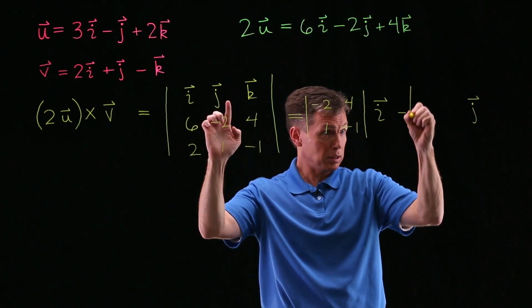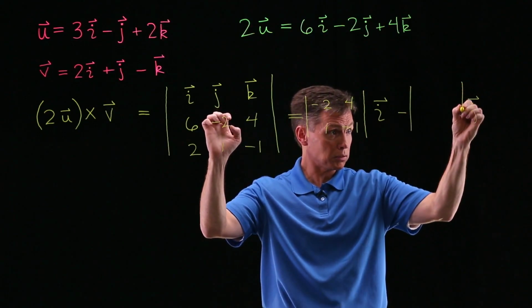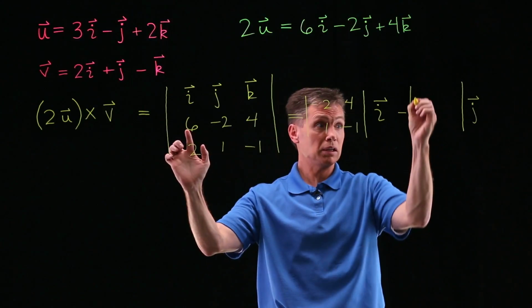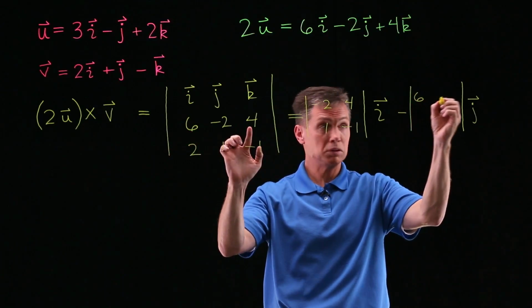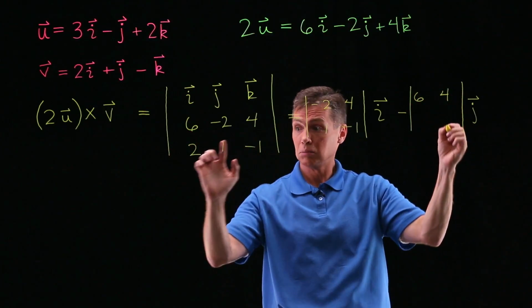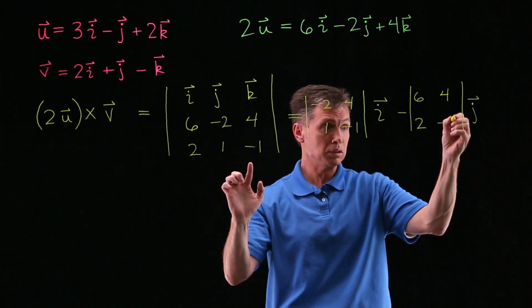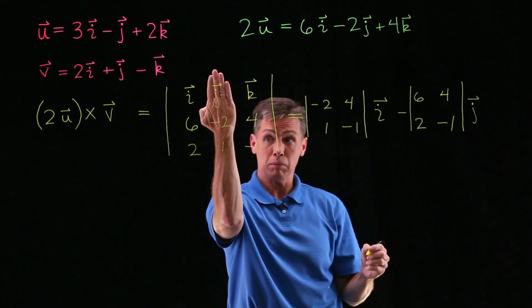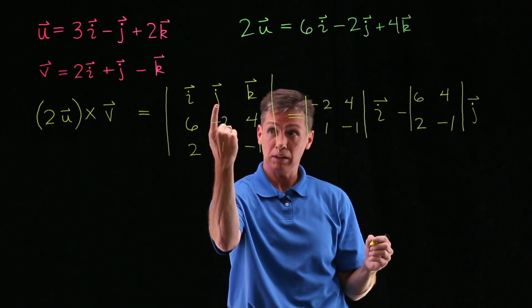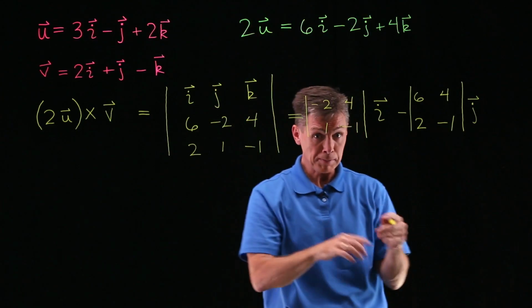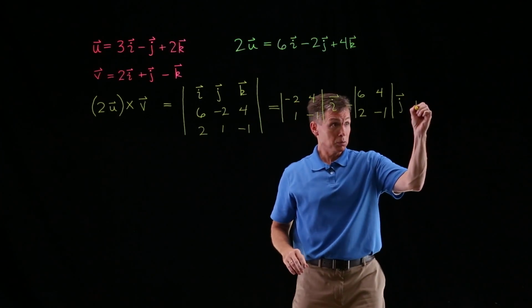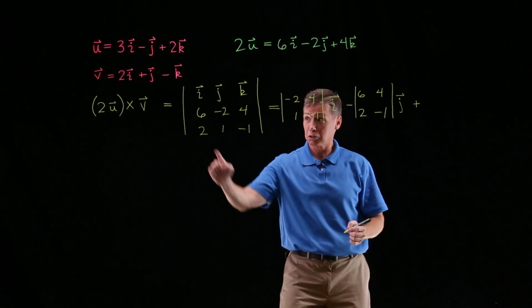And the determinant here of the submatrix, which is going to look like a 6 over here to the 4, back down to the 2, and then over to the negative 1. You're skipping that middle column because that's where the j is. I'm multiplying by the j. Okay, almost done with the setup of our cofactor expansion.